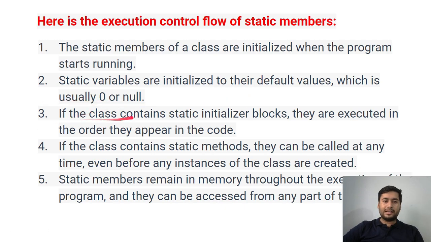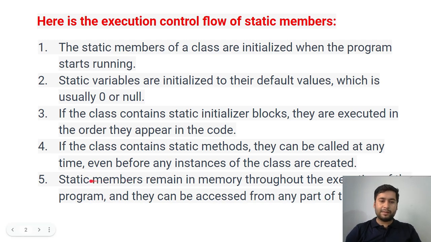If the class contains a static initializer block, they are also executed in the order they appear in the code. If the class contains static methods, they can be called at any time, even before any instance of the class is created, so without creating any instance you can call those static methods also.